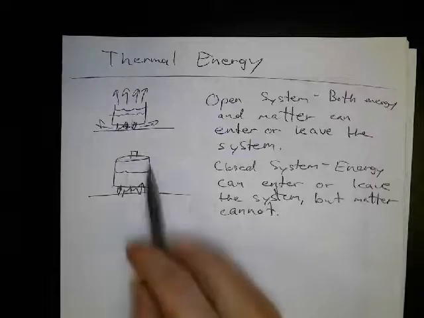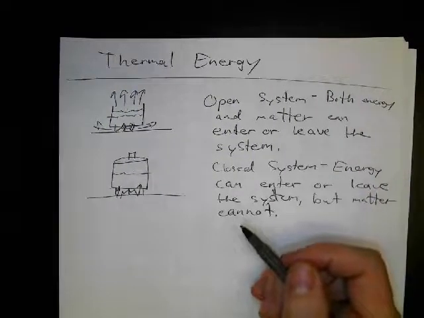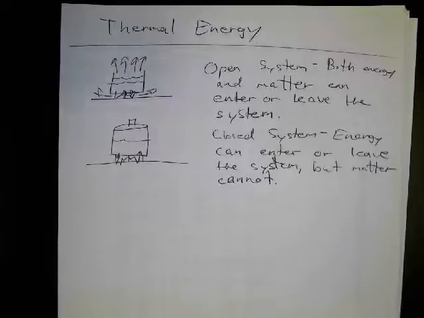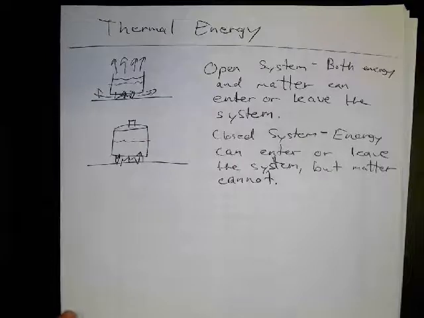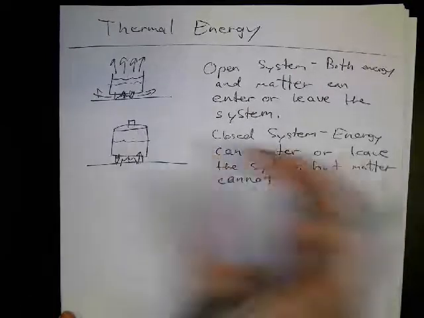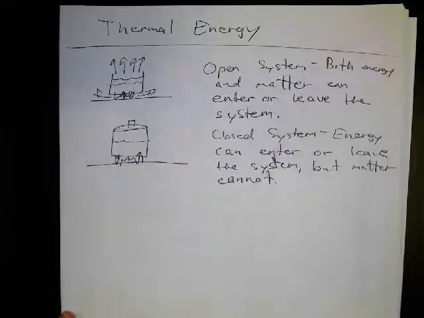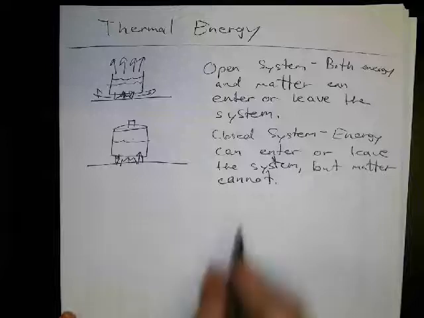So within this closed system, mass would be conserved. We would have the same amount of mass after a long period of time, if it was a truly closed system, right? Obviously, there's going to be varying levels of that, but if you have a weakly fitting lid, you might get some air escaping, so it'd be mostly closed. But if you had a nice tight-fitting lid, you could be pretty confident that it's a closed system.